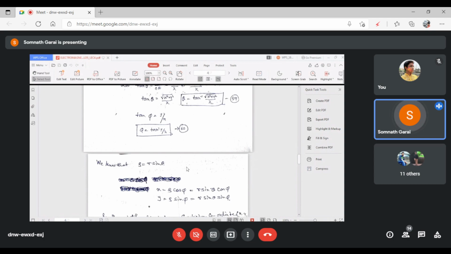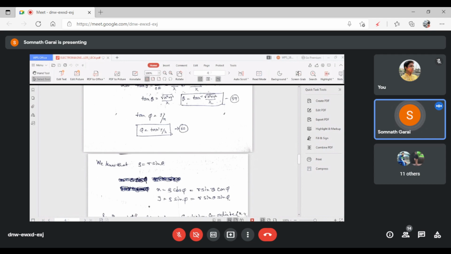Now, if we determine the relationship of x in spherical coordinates, it is already proved that x is equal to rho cos phi, y is equal to rho sin phi. In the earlier class, I discussed and proved this equation.